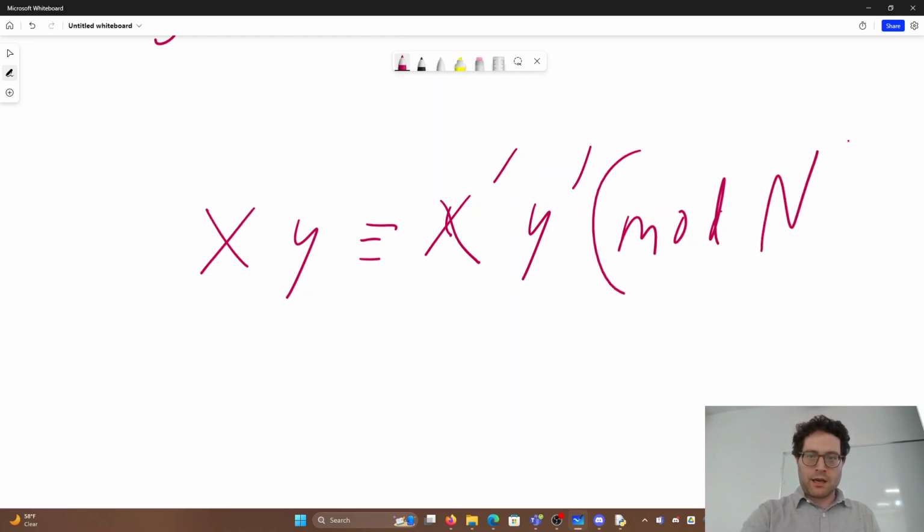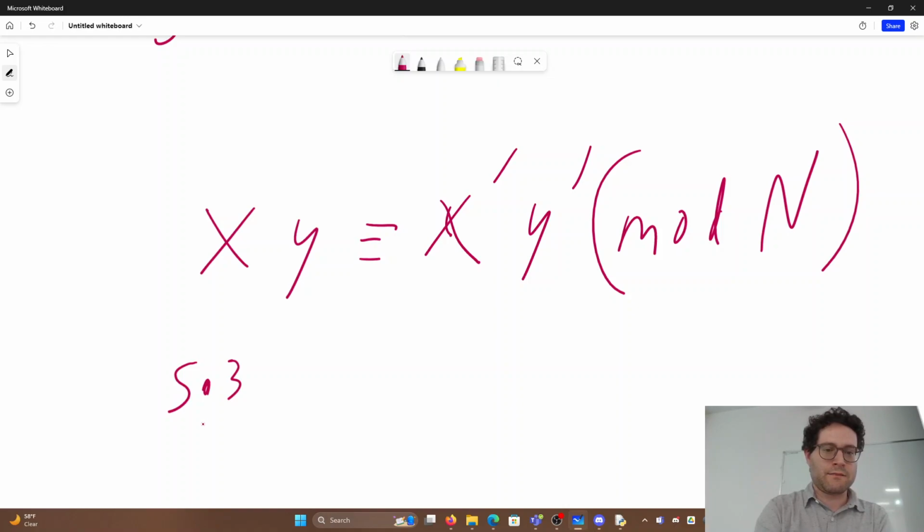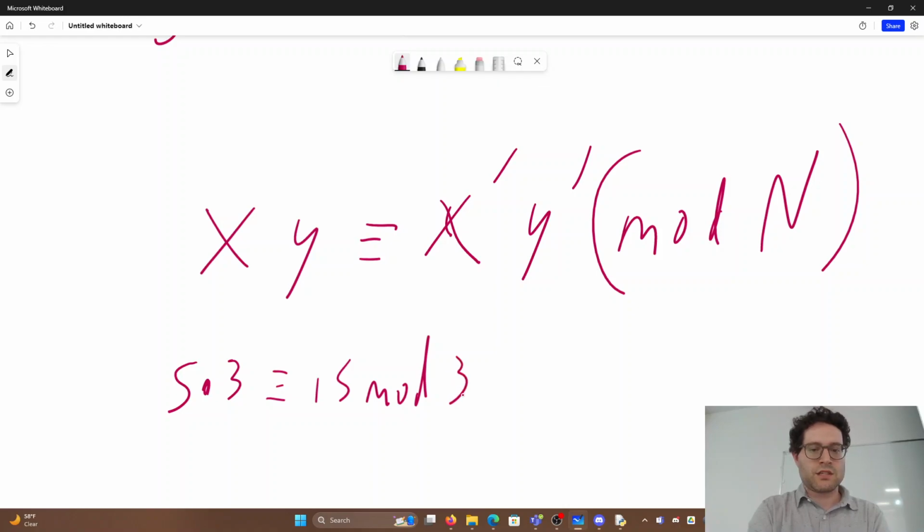Okay, and now let's go ahead and try this again, right? 5 times 3 is equal to our different x and y's. They're in different congruence classes. That's going to be equal to 15 mod 3, which is going to be equal to 0.